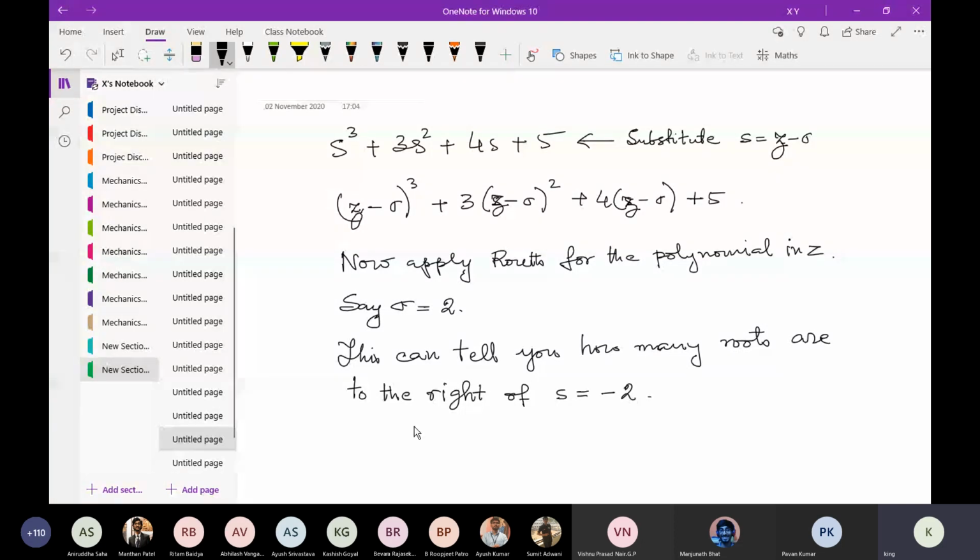Okay? So that means these roots will have a positive part which is greater than minus 2, and hence.